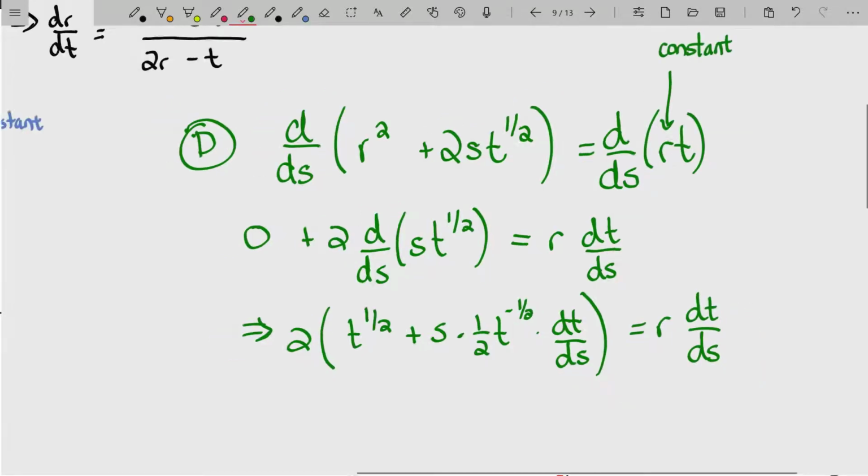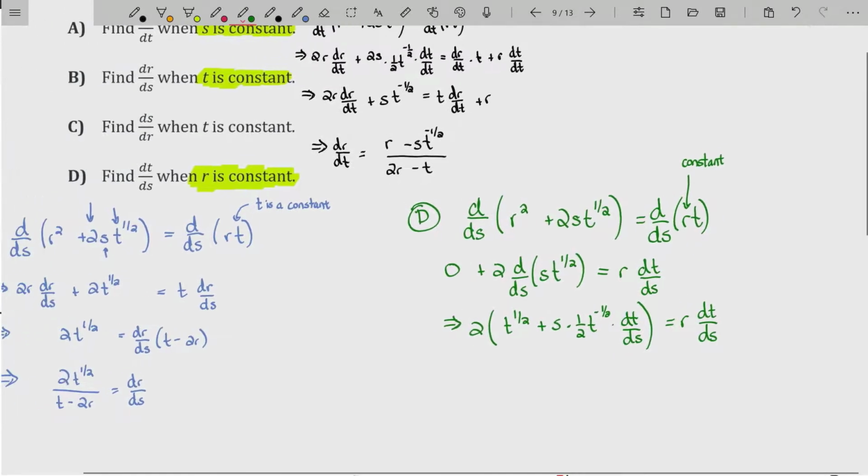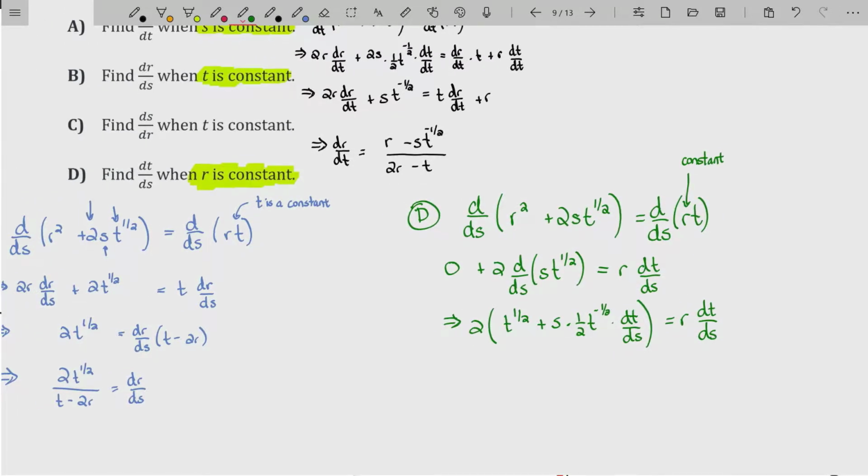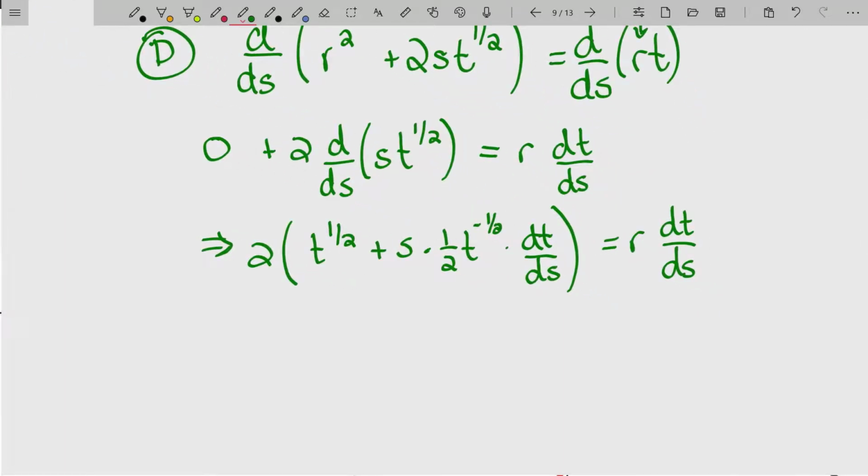And remember, we're trying to find out what dt ds is. So it becomes an algebra problem. So it's 2t to the 1/2 plus s t to the negative 1/2 dt ds is equal to r dt ds.